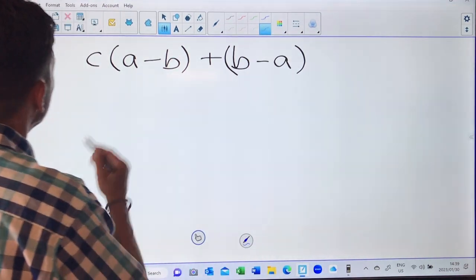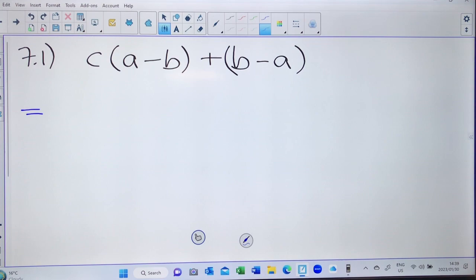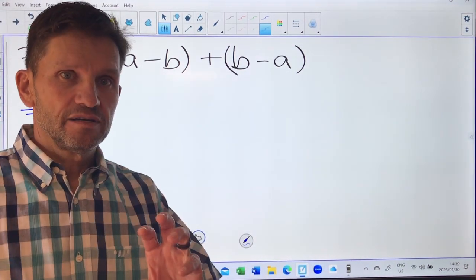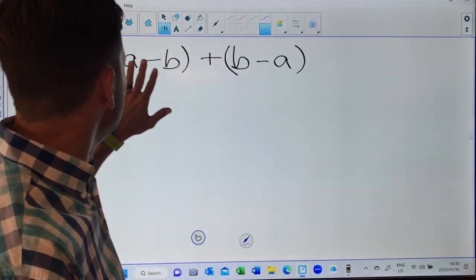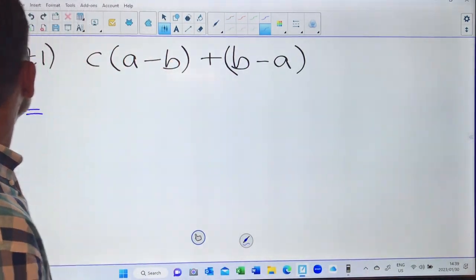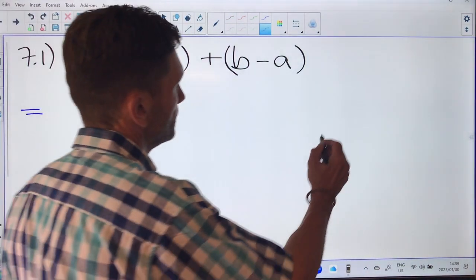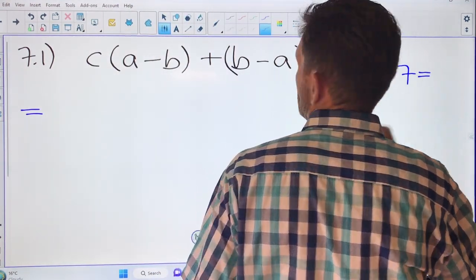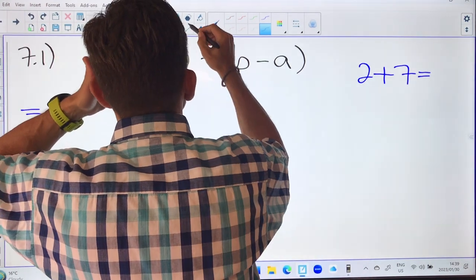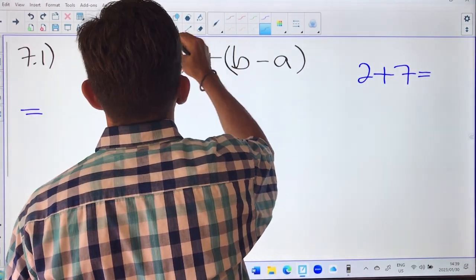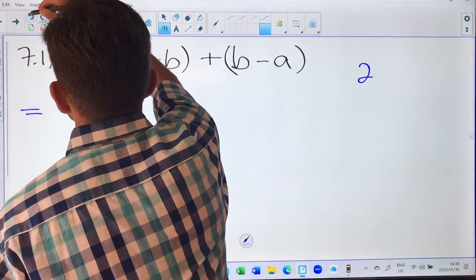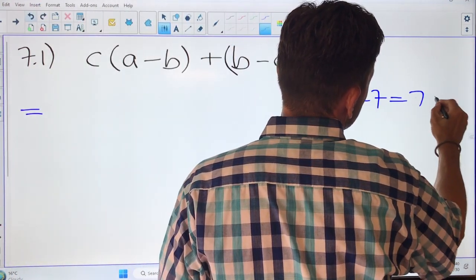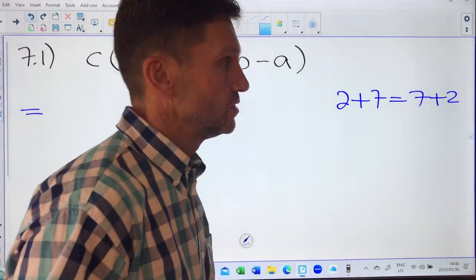Okay, so having more than one term as a common factor, you can see that the two brackets are very similar. They're not the same though, because this is a minus b. Just a reminder here. 2 plus 7 is the same as 7 plus 2.